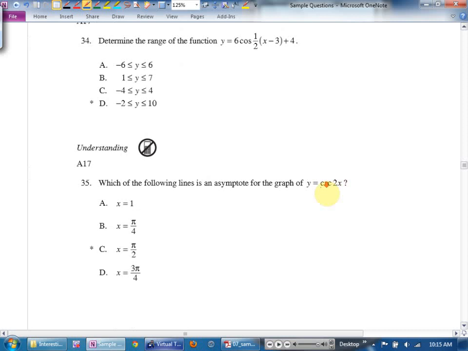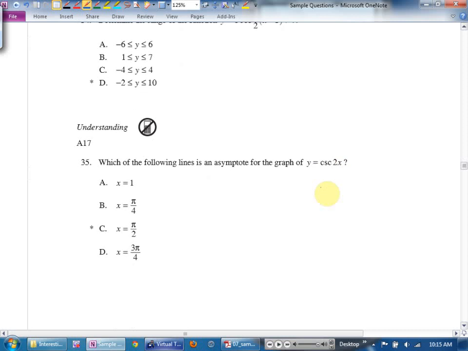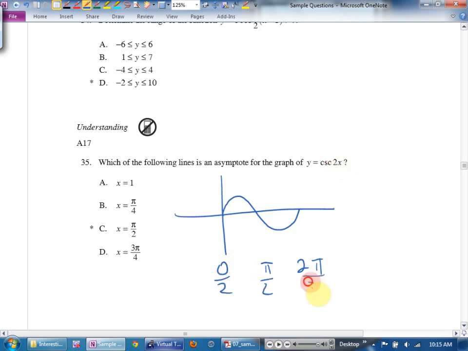It's going to have an asymptote because it's reciprocal where sine is 0. Where is sine 0? Except, what's in front of the x here? That's a horizontal compression. It's going to have an asymptote at 0 over 2, which is just plain old 0. Pi over 2, pi, there's the pi over 2.